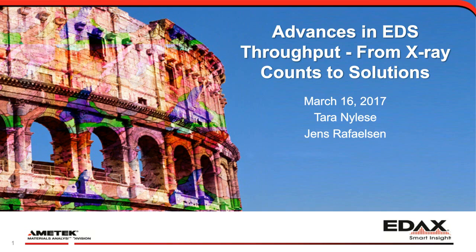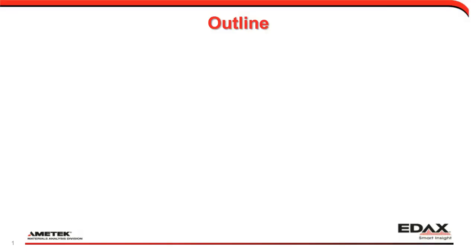Thank you, Sue, and welcome to today's webinar. We will be talking about advances in EDS throughput, and we will start with some of the basics of the device structure itself. What do we actually measure, what are the inherent limits to the throughput, and what can we actually do with the device?